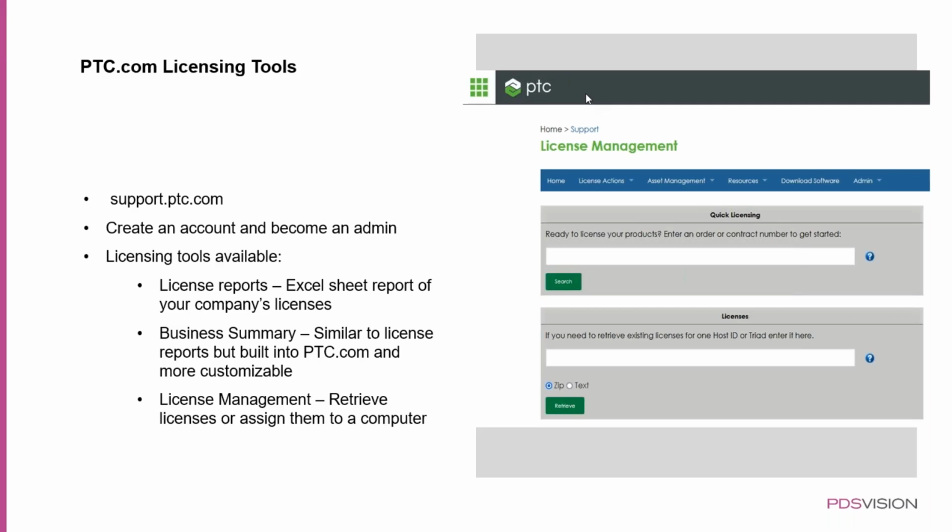And then we're going to be able to actually assign these licenses to different computers. We're able to move them from one computer to another, or if they're just new licenses, we're able to assign them to either a computer or a licensed server. And we're able to see all this information on support.ptc.com. So quite a lot we can do there.